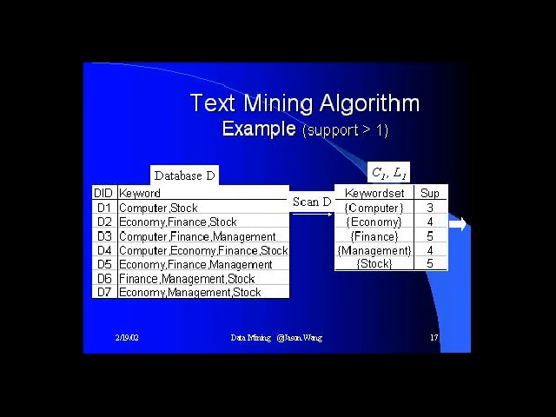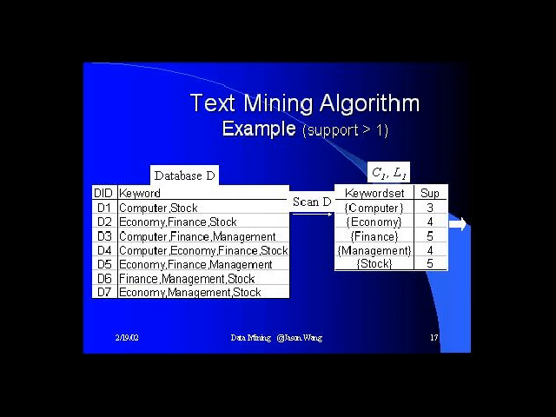For example, D1 has only computer and stock, and D2 on the other hand has economy, finance, stock, and so on. From these keywords, you can relatively guess what the document is talking about. This document basically emphasizes economy, finance, and stock, nothing to do with sports and so on. Any question about the algorithm so far?